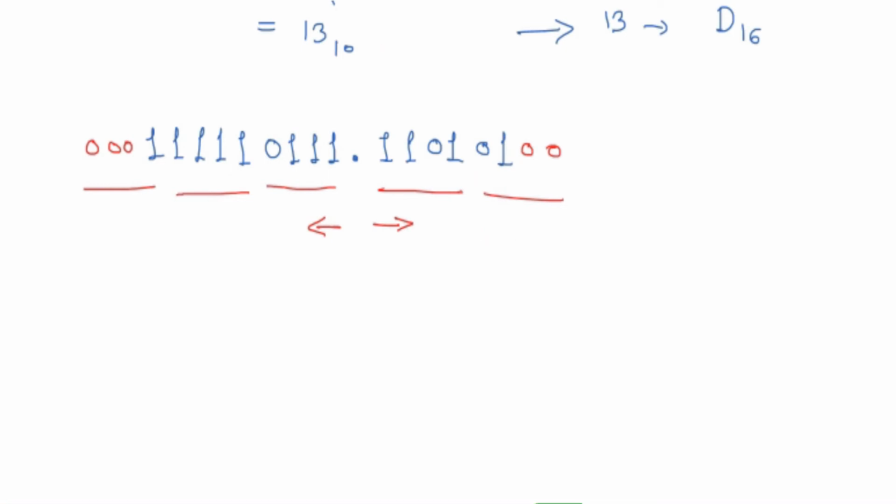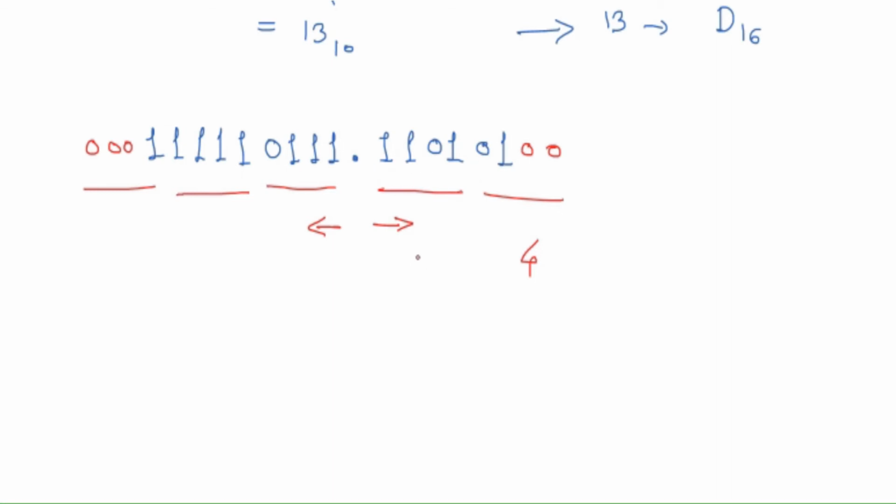So what is the value for this? This will be 0, 2 raised to 0 is 1, 0, then 2 raised to 2 is 4, so it will be 4. Then the next group is 1, then 2 raised to 0 is 1, 2 raised to 2 is 4, and this is 8.